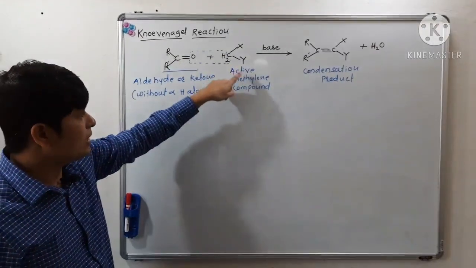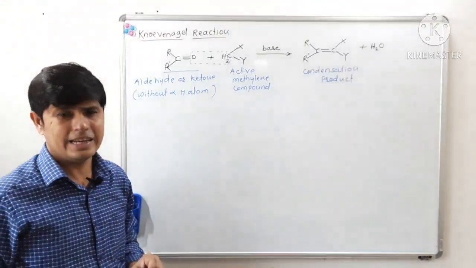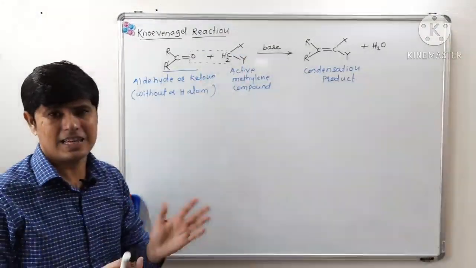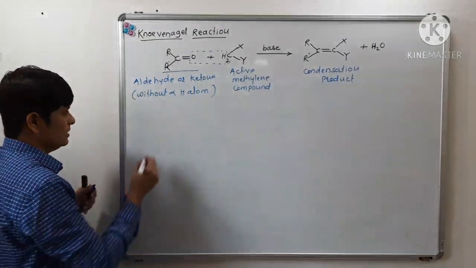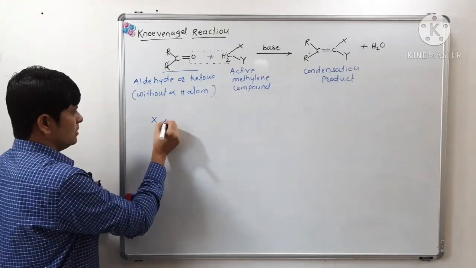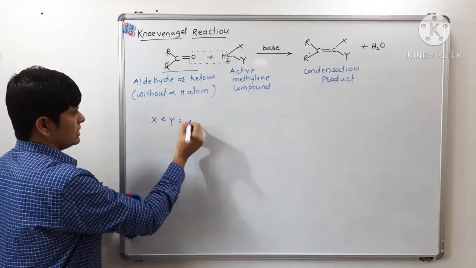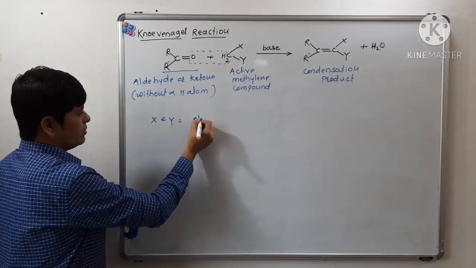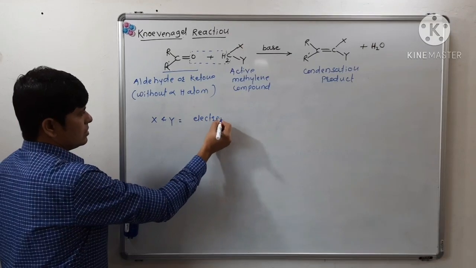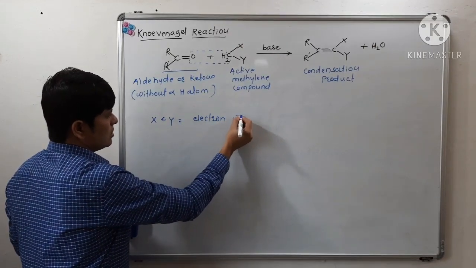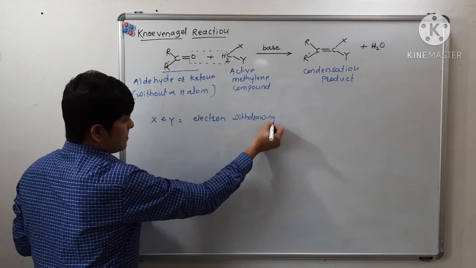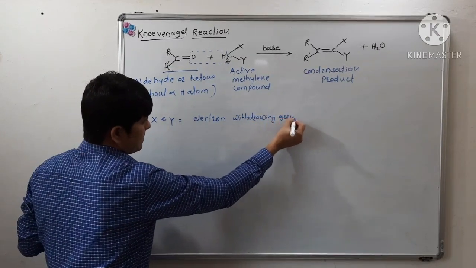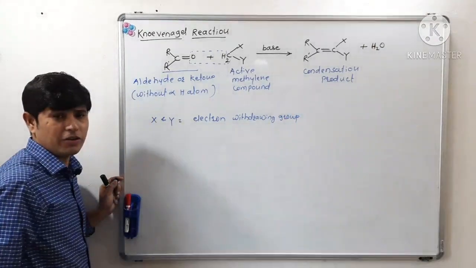Now, which kind of active methylene compound can we take? X and Y are electron withdrawing groups. So which kind of electron withdrawing group?